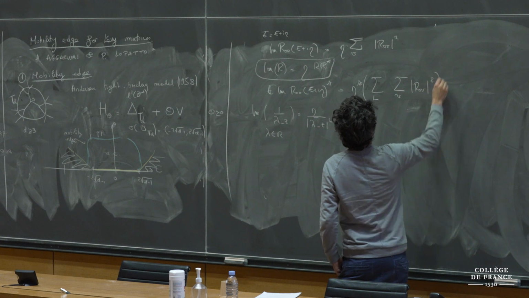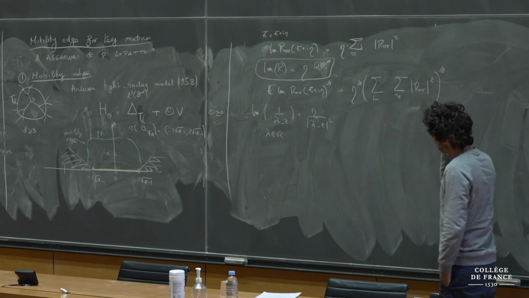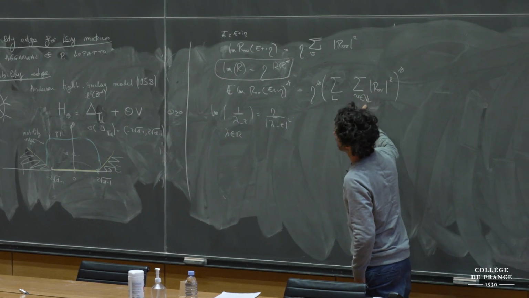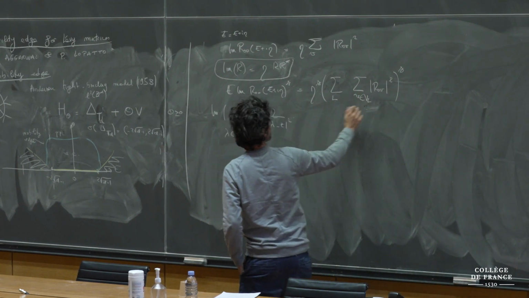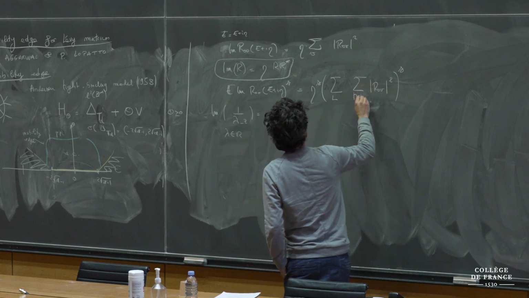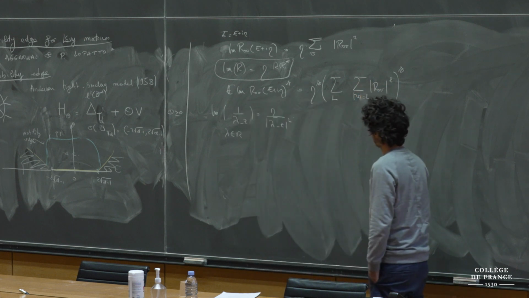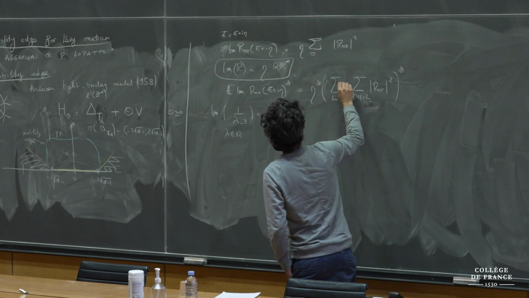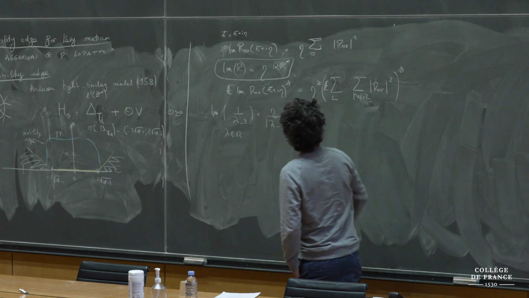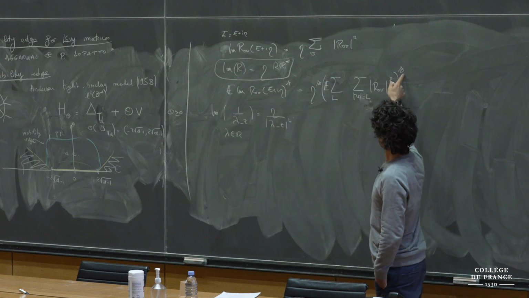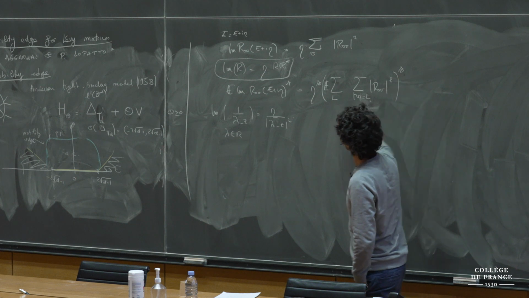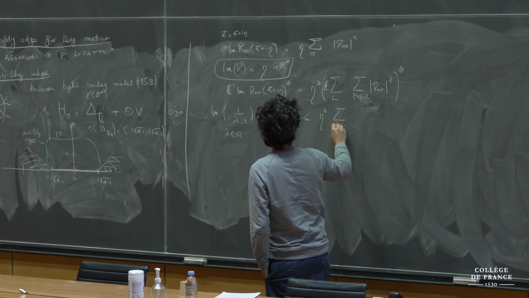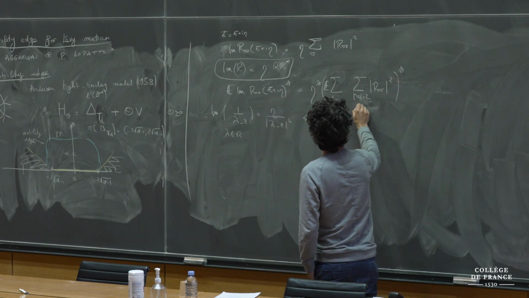Okay, so you write things like that. Now you remember that, well, V_L, let's call it the set of vertices at distance L, and I forgot an expectation. Now you remember that s is less than 1, so this is less than η to the s, so you can put the s inside.